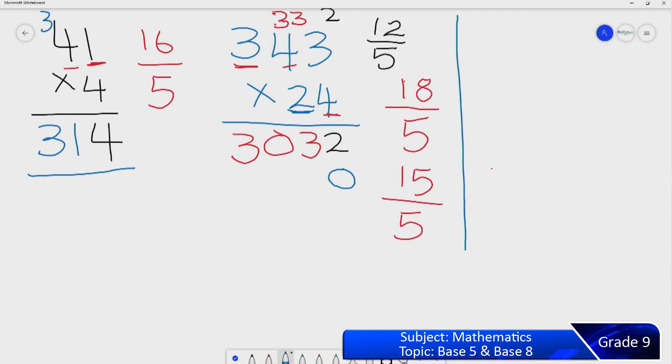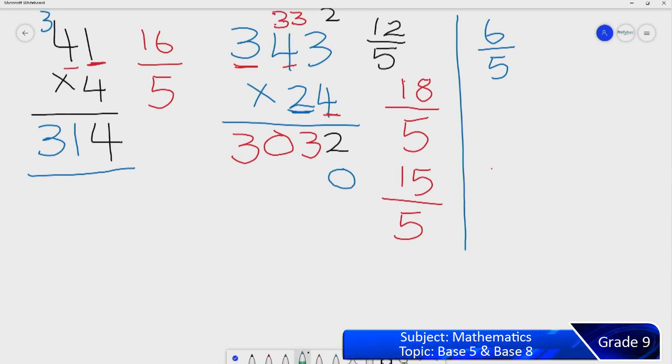So 2 multiplied by 3 gives us 6. 6 is greater than 5, so we can't write it in. You put it outside. 6 divided by 5. Sorry, how many times could 5 go into 6? 1 time. I'm going to change the color. We use green.